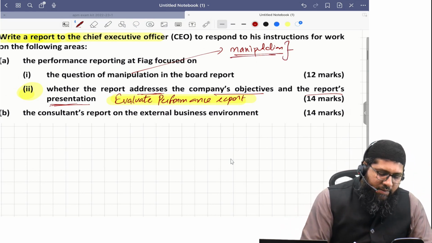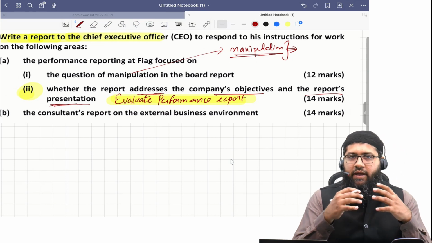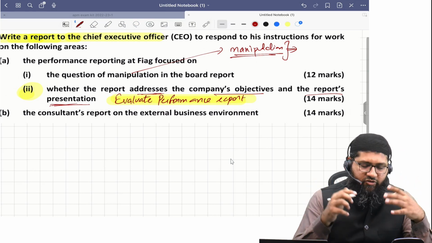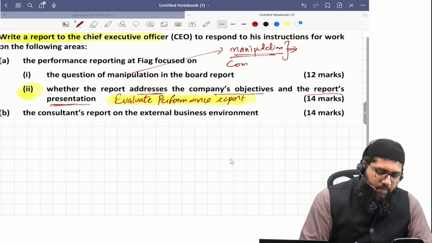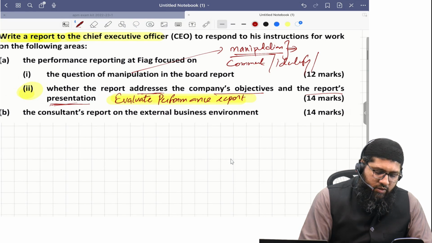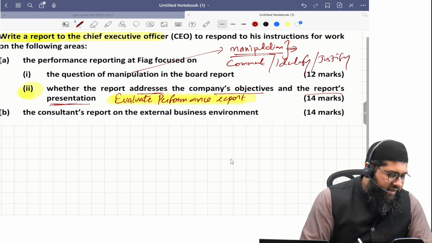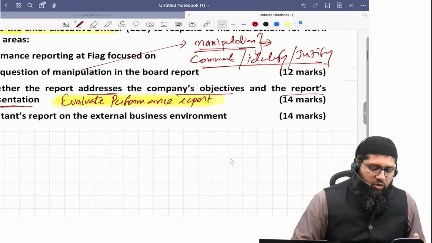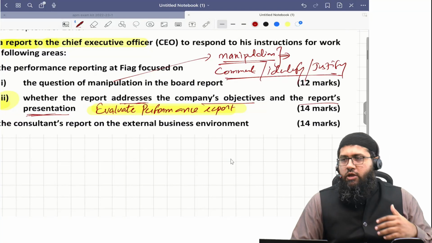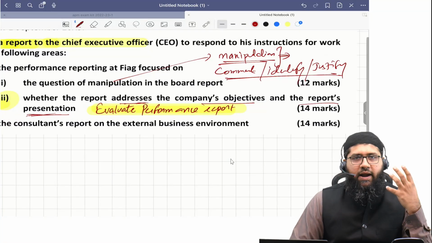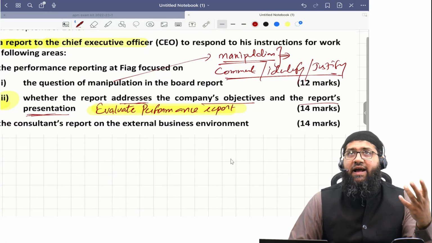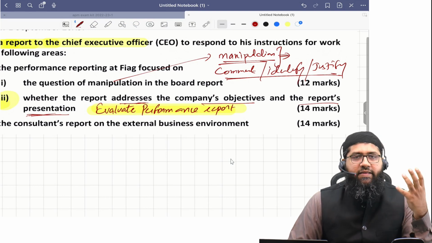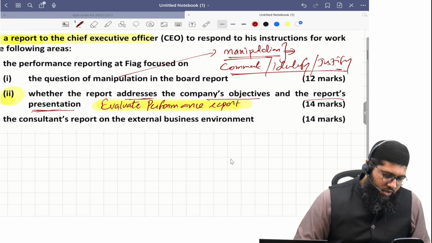The board of directors wants you to comment, identify, and justify if you think there is a manipulation. So there is probably going to be a manipulation in the scenario, and they would be asking you to comment, justify, and explain where exactly the manipulation is, and to what extent it has taken place.